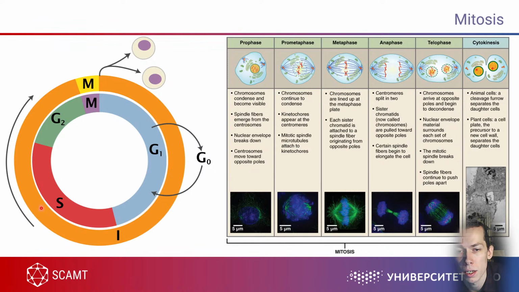During S phase, the cell can double chromosomes, and during G2 phase, which is much shorter than G1, cells again accumulate some nutrients which will be necessary for mitosis.